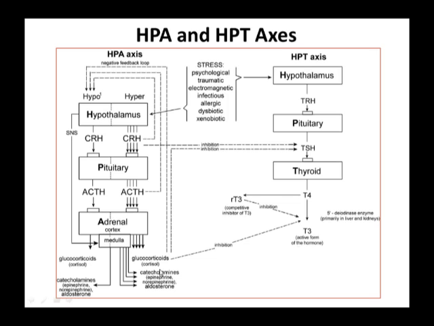Also, cortisol itself can inhibit the conversion of T4 to T3. T3 is the active form. That's what's used at the cellular level. And so often we'll get a blunting effect of T4 and sometimes get an increased production of reverse T3.